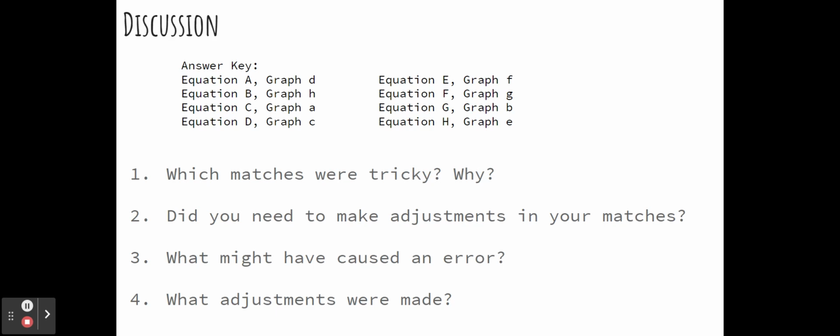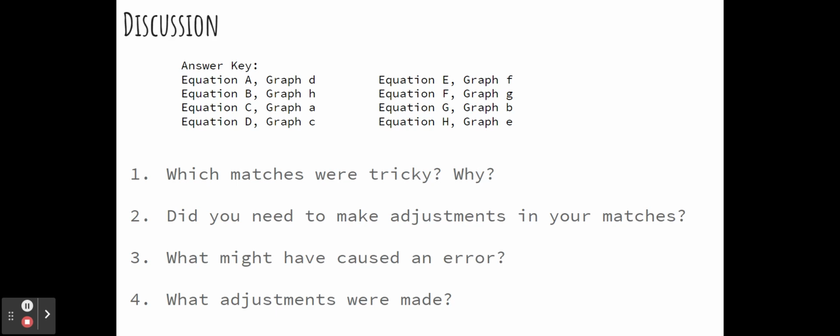And think about what adjustments you made. Once you saw these answers, did you realize that because x squared was the highest degree in the polynomial, that's going to be a parabola? And knowing if it was, say, x to the 5th power or x to the 3rd power, that you were going to have a lot of twists and turns in your graph.